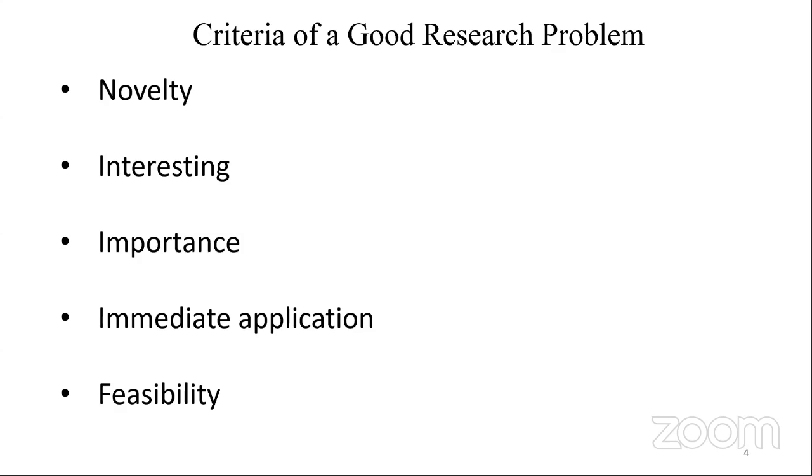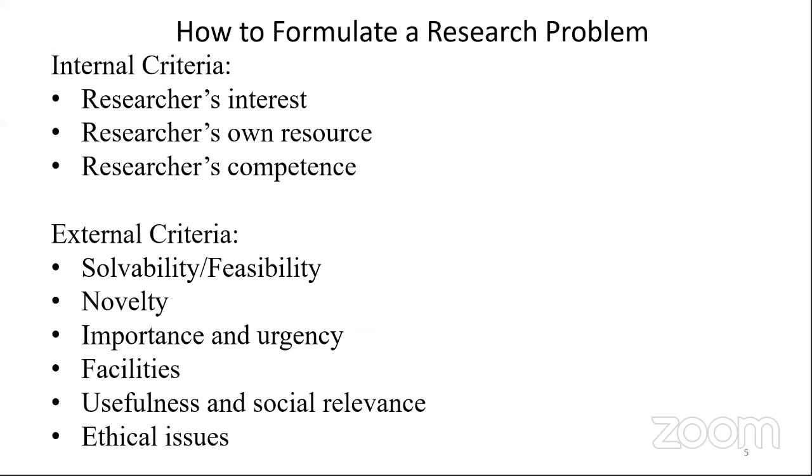So feasibility of the problem is very important. So don't take too difficult problems. Basically, you should have the availability of data that you want to work on, and then there should be cooperation within your institute with the supervisor from the neighboring labs, availability of guidance, availability of facilities, experience, creativity. I'll elaborate on these again, but these are all the important criteria for choosing a good research problem.